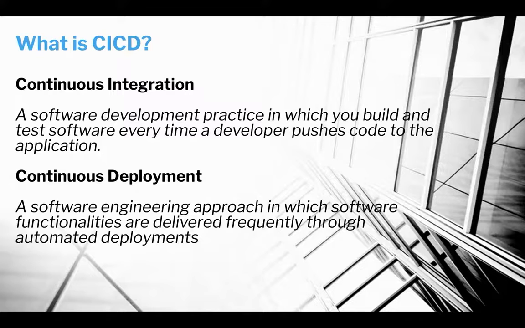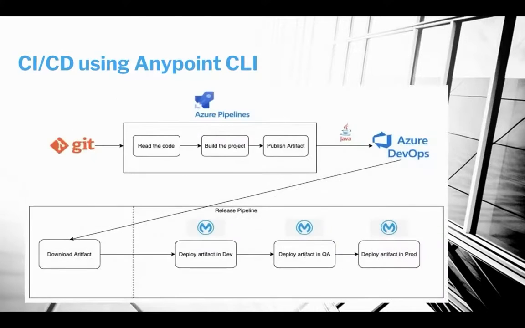We'll see an example where we use a CI/CD pipeline with Anypoint CLI, and I would use Azure DevOps to incorporate all the CI/CD process and to use these Anypoint CLI commands.